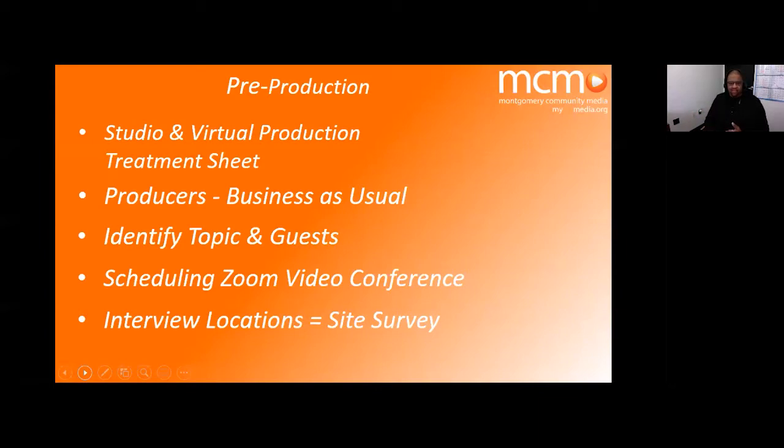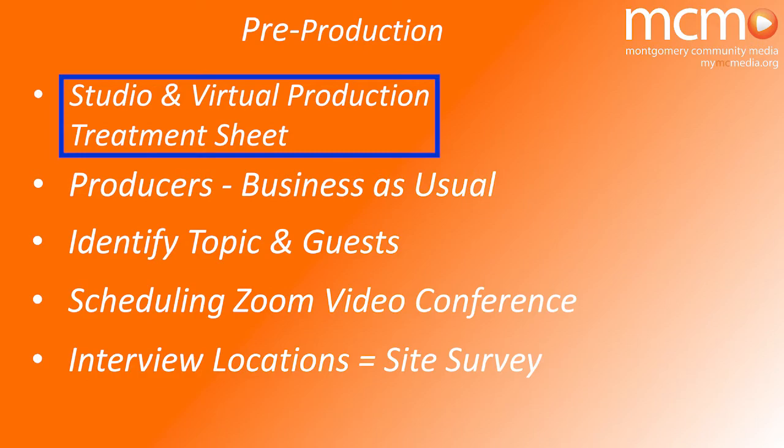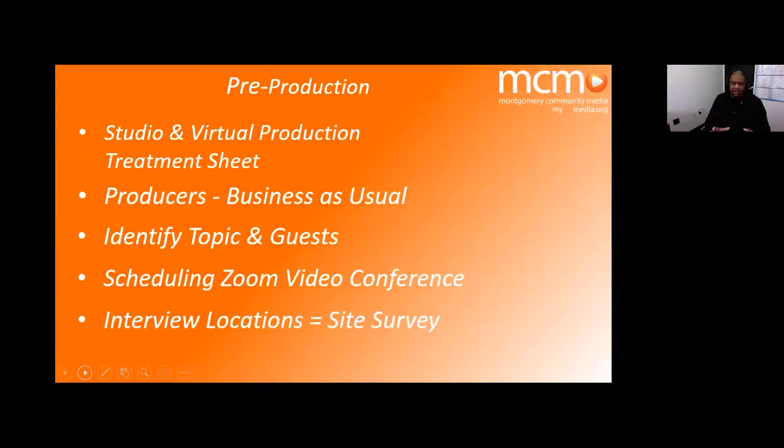Well, we don't want to stop the process. So currently, right now, you would do your studio, right? You would get on board, download your studio production treatment sheet, and then fill out all your information. So we're going to tell you to keep on doing that for right now. In the future, we might see a virtual production treatment sheet made. It's really only half of what you see in the studio.